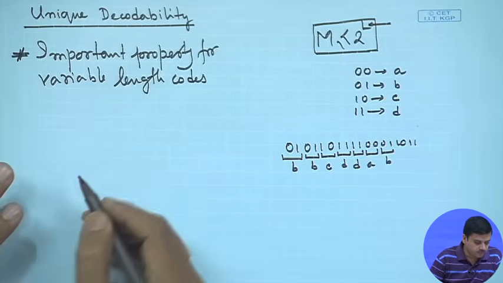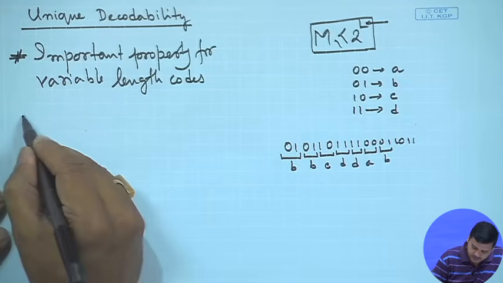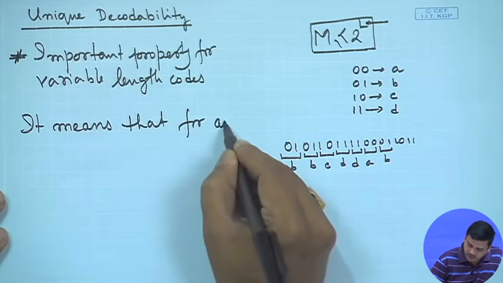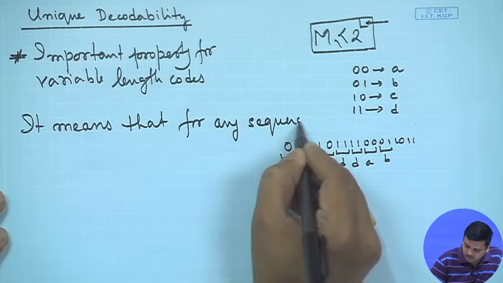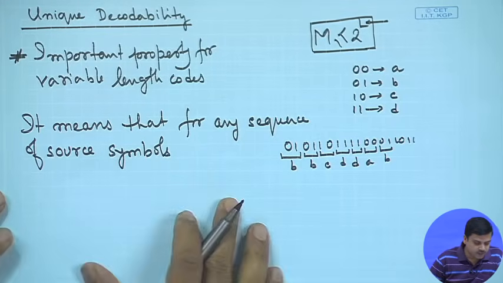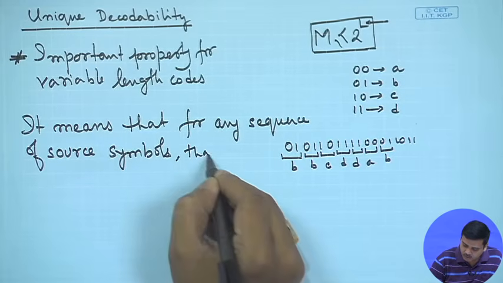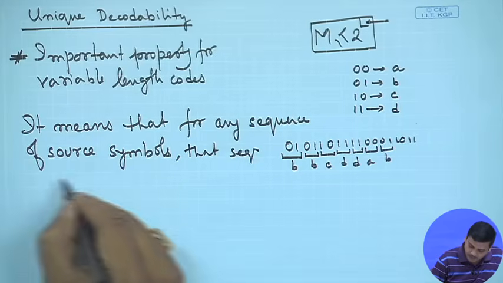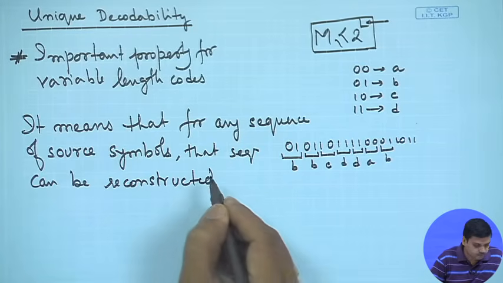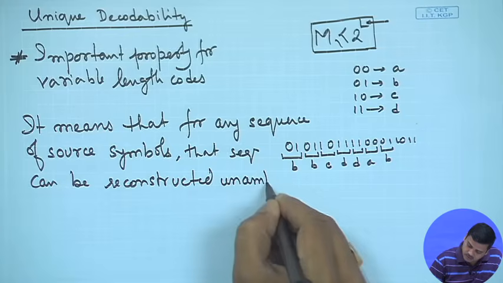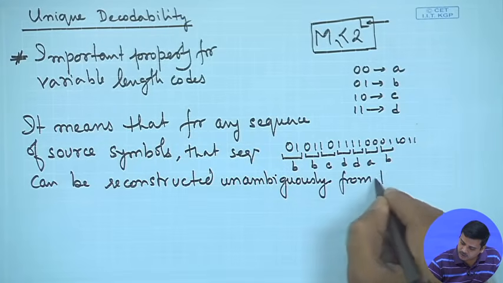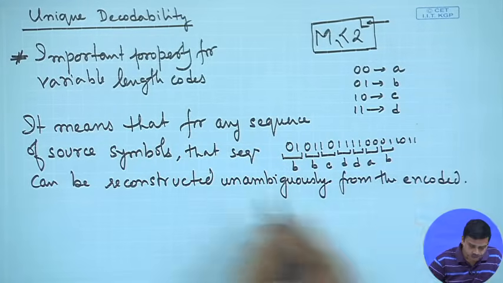What it means is that for any sequence of source symbols, that sequence can be reconstructed unambiguously from the encoded bit sequence.